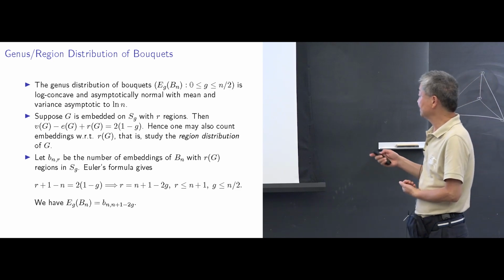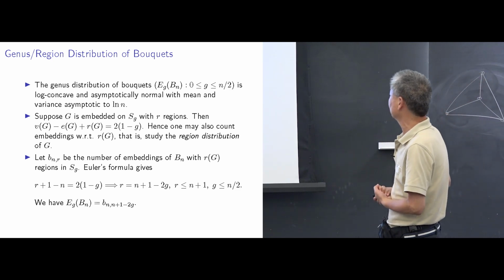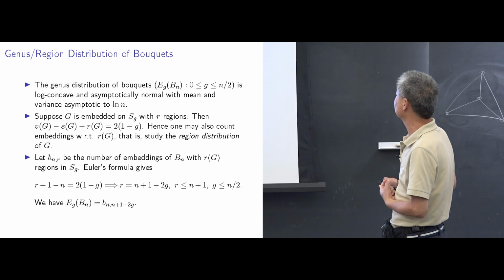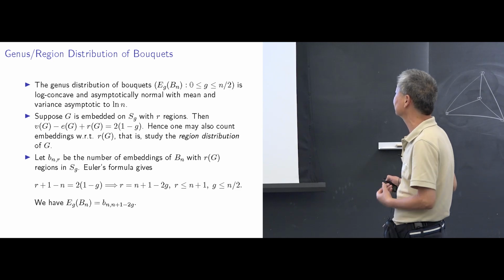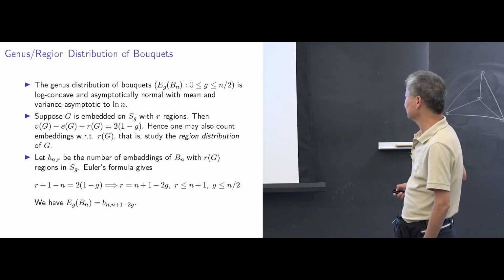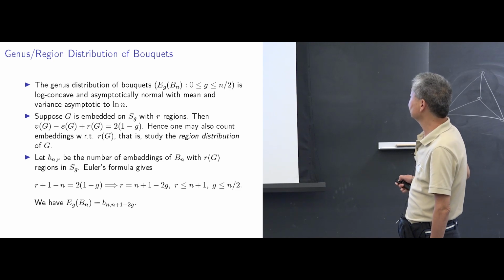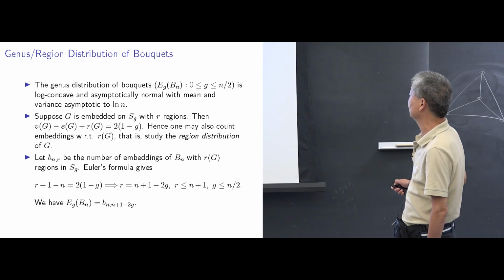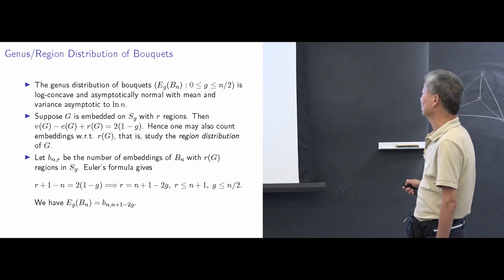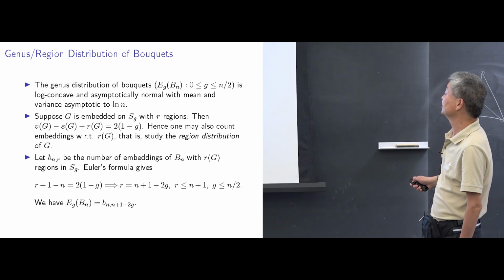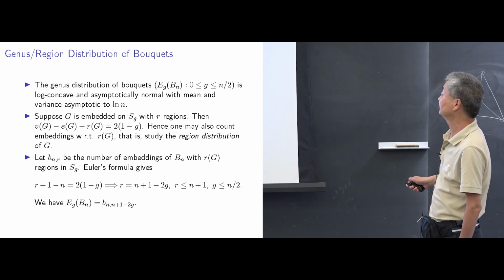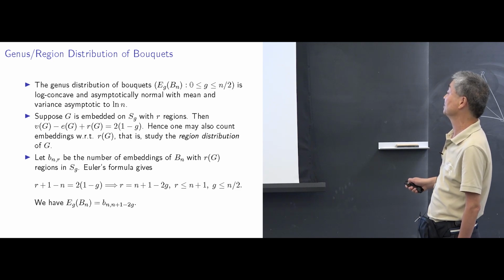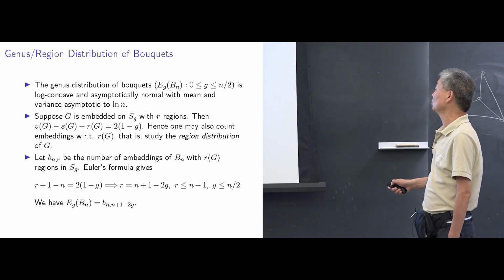And there's a smaller conjecture about the genus distribution of bouquets by Stoll. Now, of course, Stoll's conjecture is more about the so-called region distribution. Because of Euler's formula, the genus g and the number of faces or regions are related by this simple relation.